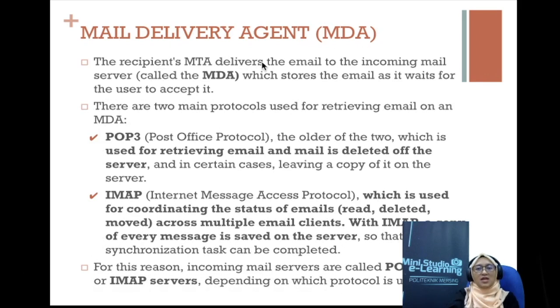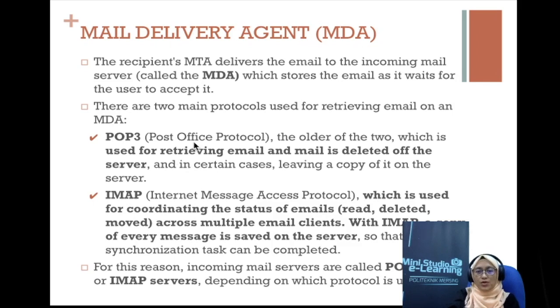Next, the recipient MTA delivers the email to the incoming mail server, the MDA, which stores the email as it waits for the user to accept it. So in this case, for retrieving mail from the MDA, we use either POP3 or IMAP. Okay, so what is POP3?